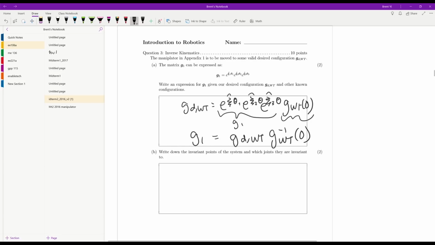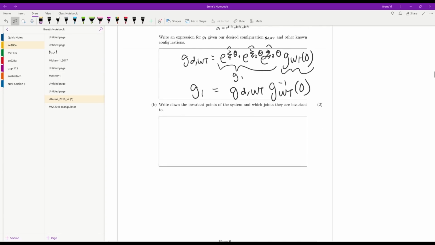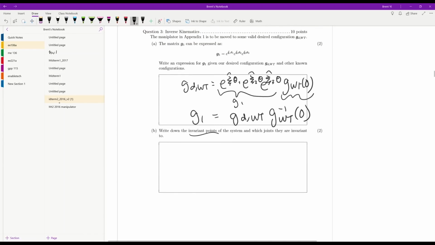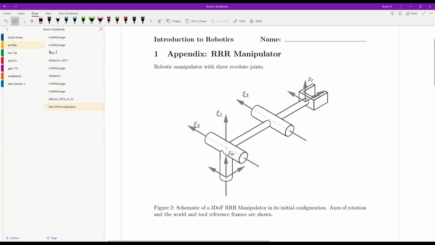Part B of the question wants us to write down the invariant points of the system and the joints they're invariant to. So let's look at the diagram and recall that a point is invariant to a joint if a transformation induced by that joint can never affect the actual coordinates of the point. So for a revolute joint, a point is invariant to the joint, basically if it's along the axis of rotation, right?